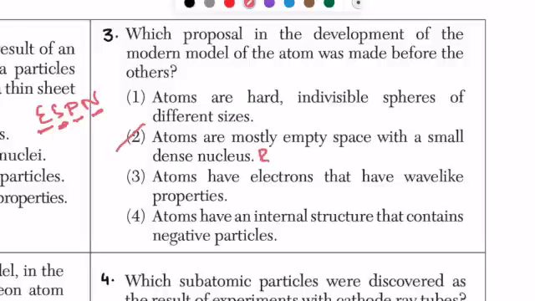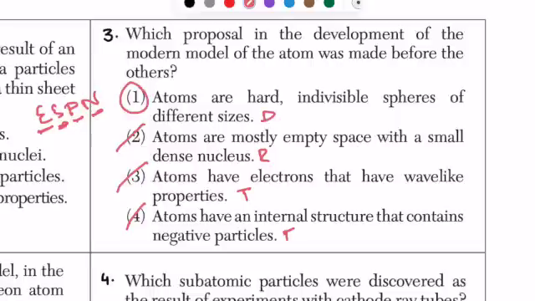Atoms have electrons that have wave-like properties. This one was the wave mechanical model, so that was also not the first one. And atoms have an internal structure that contains negative particles, which is kind of like what Thomson said, so also not our answer. So the first one was this, which was presented by John Dalton.